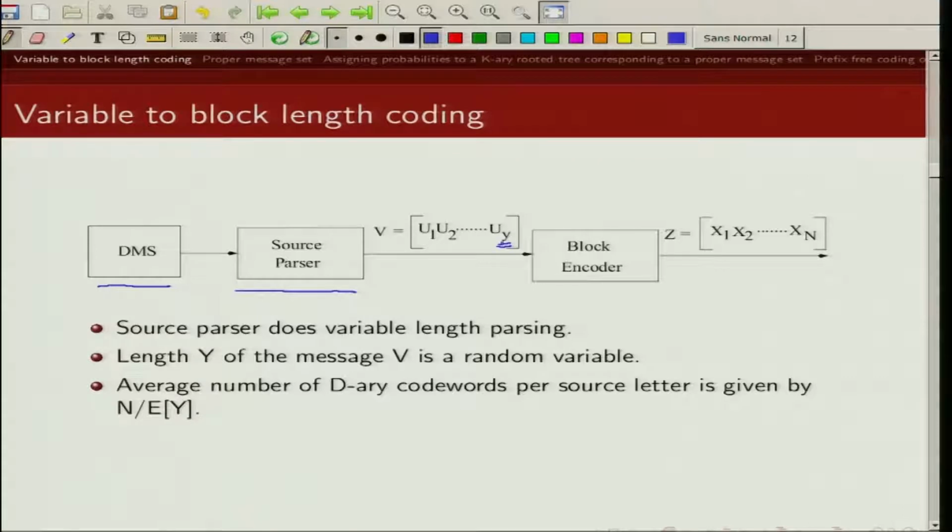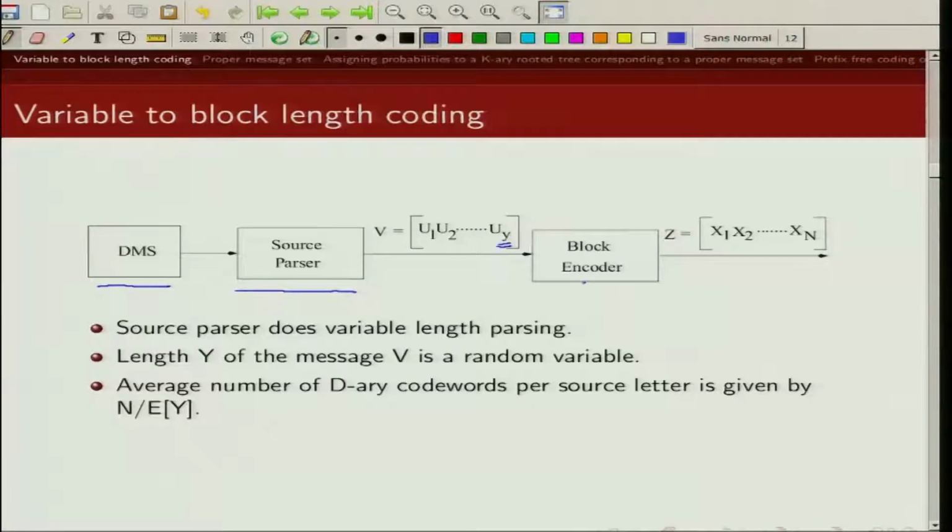So this Y is a random variable, and after you parse the source input into blocks, the block encoder will map these blocks of data into code words of fixed length n. So n here is the output code word length, that's fixed. Input block size Y is variable.